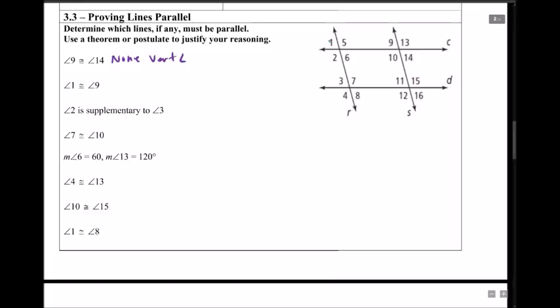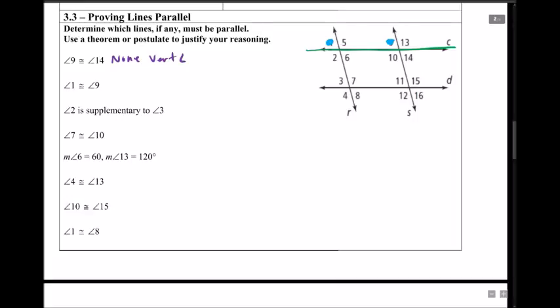All right, let's look at the next one. Angle 1 and angle 9. Oh, we should use a different color. Green's our transversal color. So angle 1 and angle 9. Now, can we put a transversal in on those? Remember I told you, locating your transversal will make your parallel lines stand out. It's the ones that the transversal crosses, and your angles must sit on the transversal. So who can we say is parallel?